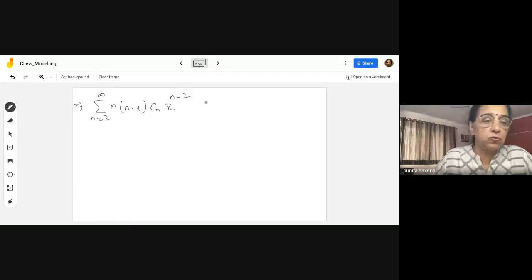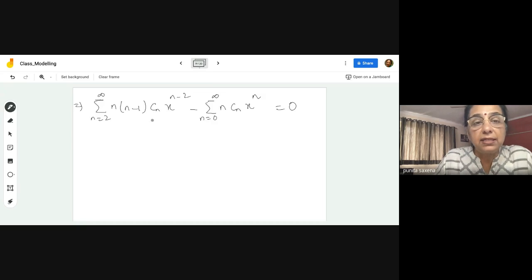This was y double dash, and the equation was y double dash equal to y, which means y double dash minus y equal to 0. So I can write it as minus summation Cn x^n, n from 0 to infinity, equal to 0. There is no y dash, so no need to write that term.